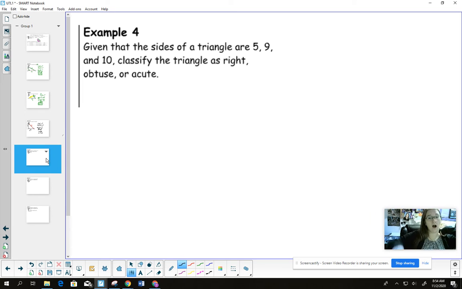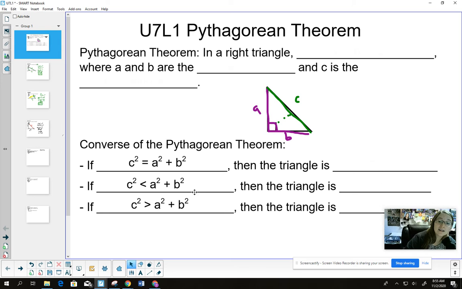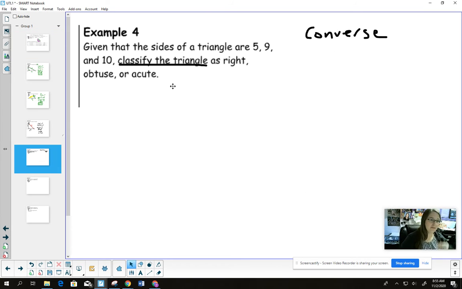Now, this is going to be using the converse here. So when we have a question that says classify the triangle, we're going to be using the converse of the Pythagorean theorem. So remember what this says is we have 3 options. What we are going to do is we're going to plug some numbers in, and we're going to see what ends up happening. If I get equals, less than, or greater than, will tell me my answer.